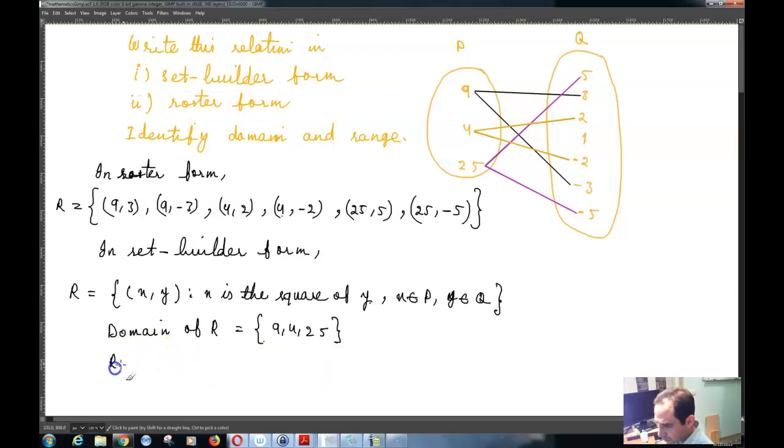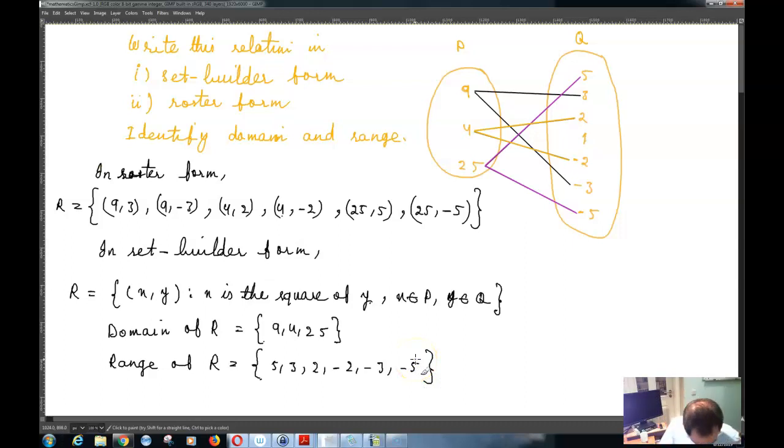The range of R is basically all of the elements that some element has been mapped to. For example, 5, 3, 2, negative 2, negative 3, and negative 5. So that is your range.